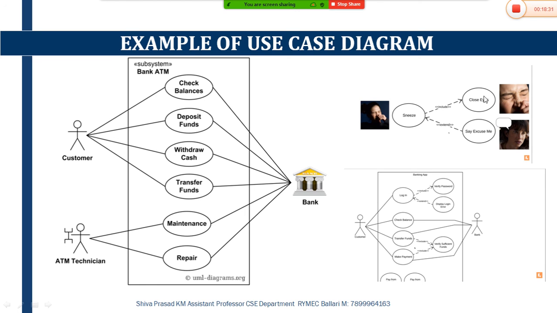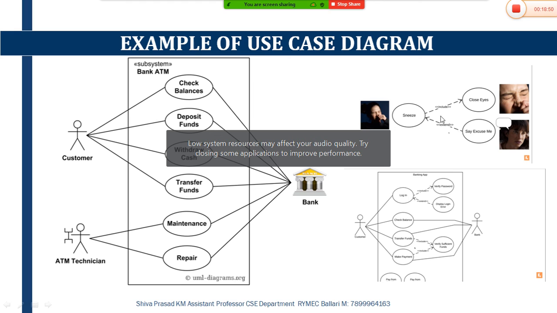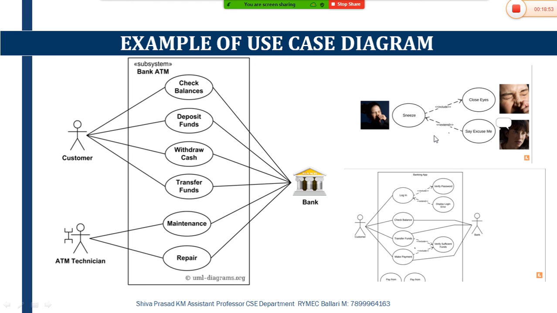Include is a process which has to happen in the situation of your system. This is one small example that I can give for include and extend operations. Okay, understood everyone?